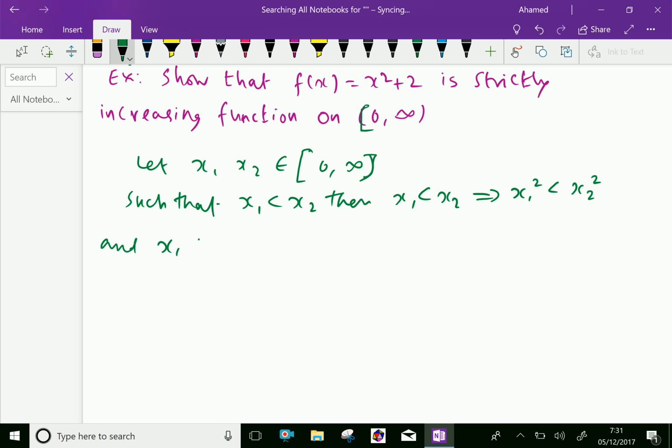since x1 is lesser than x2, if we multiply, x1 into x2 is also lesser than x2 square.